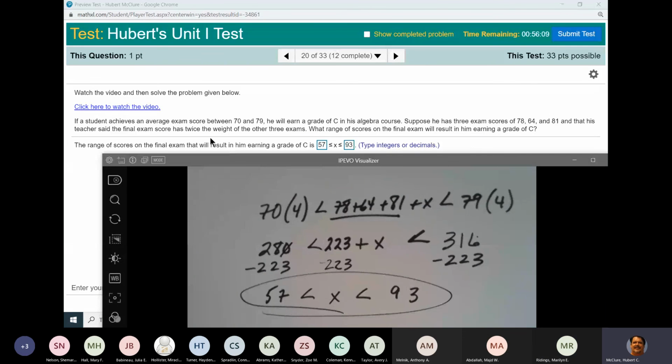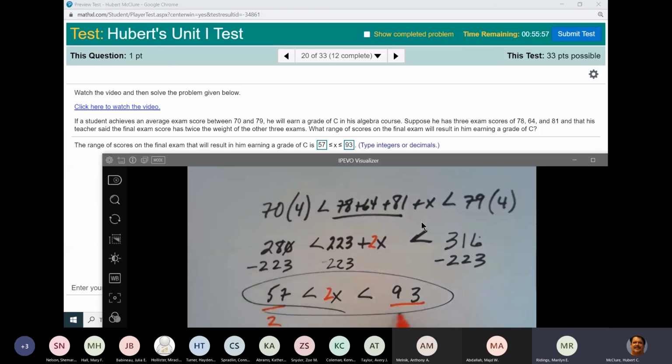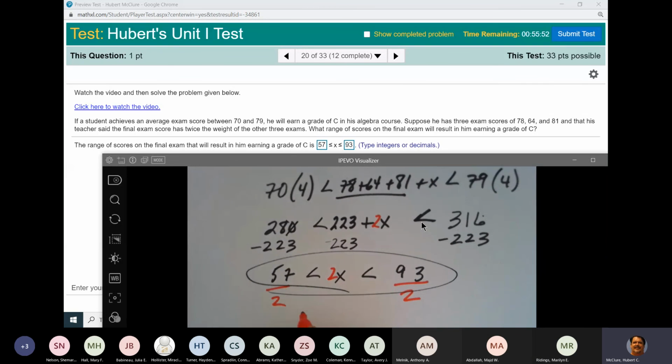Shoot, I see it. Twice the weight of the other 3 exams. That's supposed to be a 2x. But didn't you do it a different way last time? No, there was a 2x in there, I think. What's 57 divided by 2? 28.5.